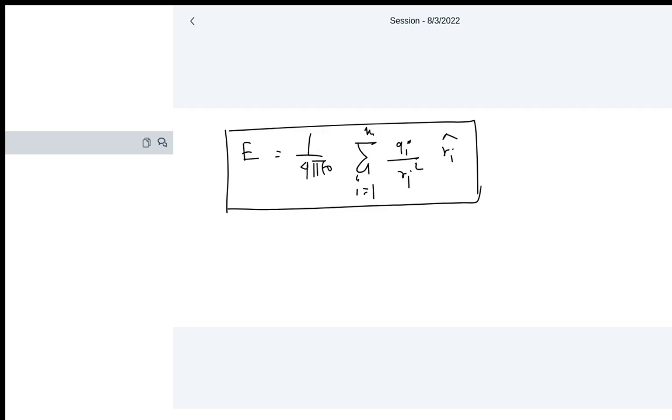So we always get the electric field only from the source charge on the test charge. Fine.